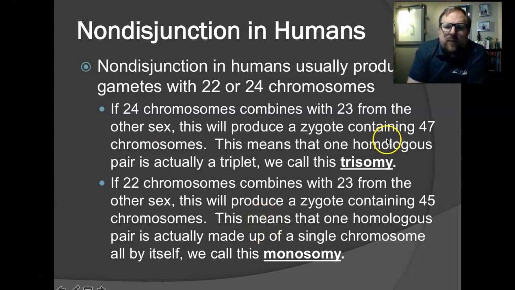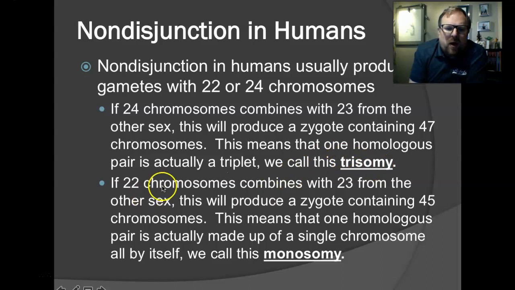And so what ends up happening is if we bring a sex cell with an extra chromosome to a normal sex cell, it's going to produce a zygote with 47 chromosomes. What we call that is trisomy. Tri meaning 3, so one of the pairs has 3 instead of just having 2.